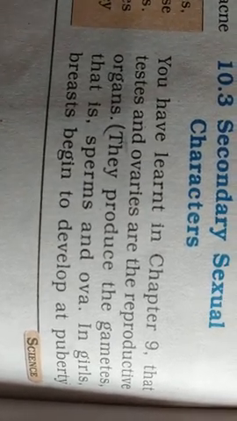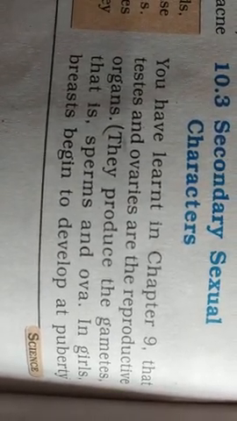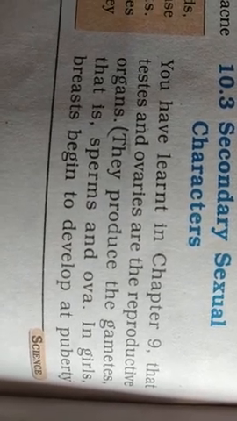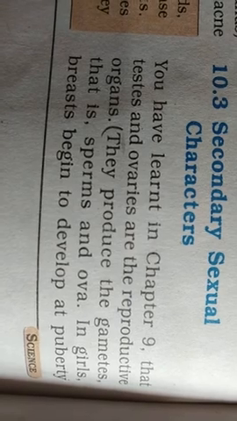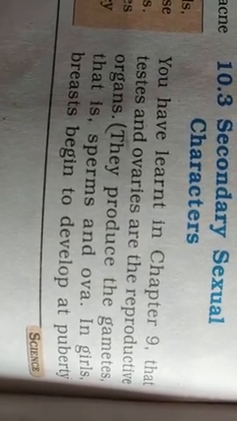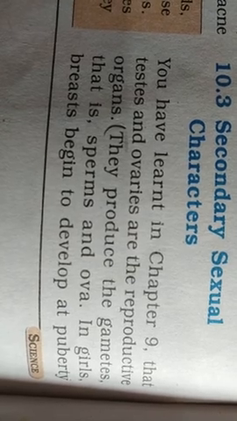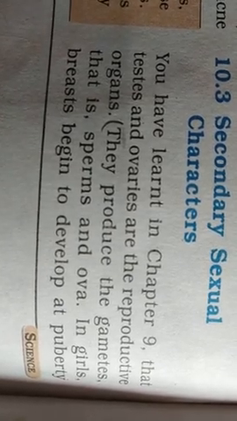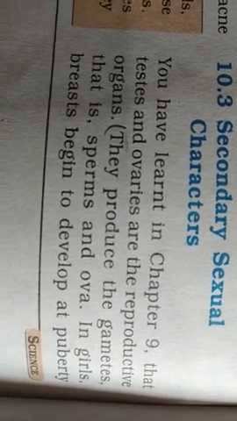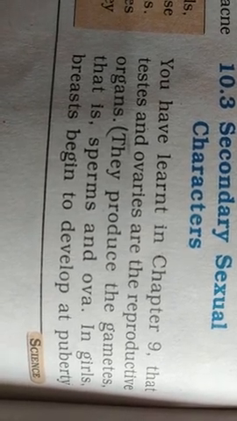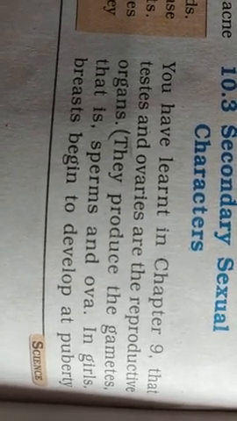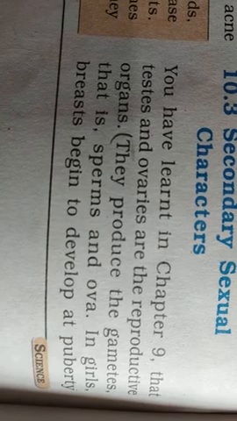So the secondary sexual characters are the characters in boys and girls that help us to distinguish men and women: the development of the breast in girls and the development of facial hair, the mustache and the beard, in boys. These characters are called secondary sexual characters.